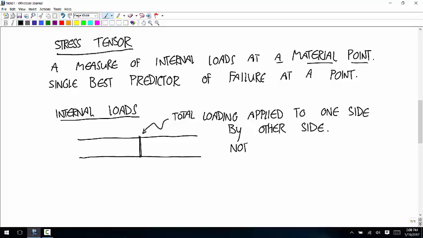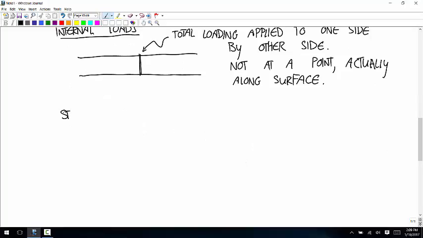So that's not at a point, although we kind of talked about it that way in statics. It's actually along a surface. You can imagine there's a surface area of contact between the left side and the right side of this beam. And so what we want to do with stresses is figure out the loading acting on a single point on that surface, not the whole surface.